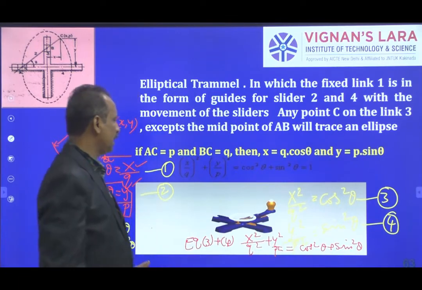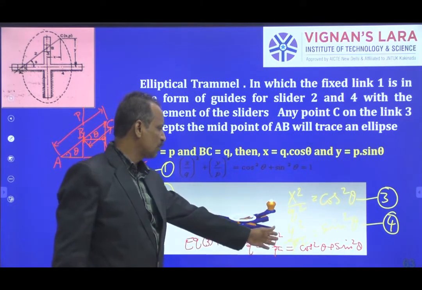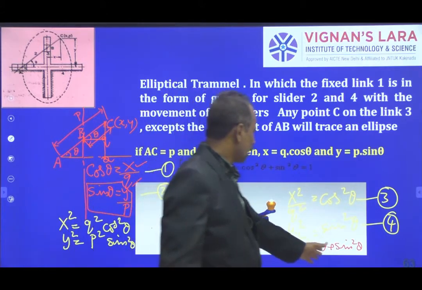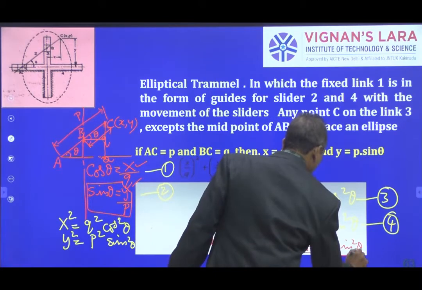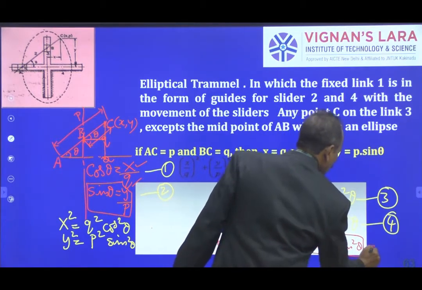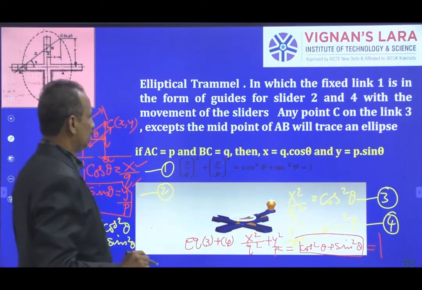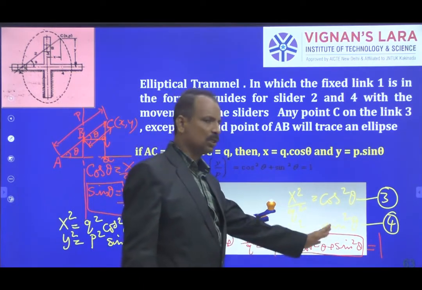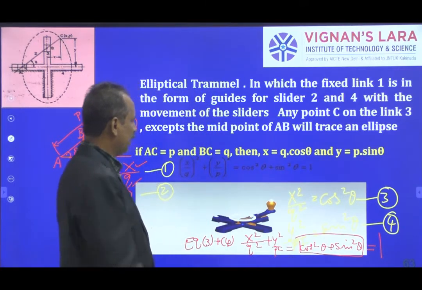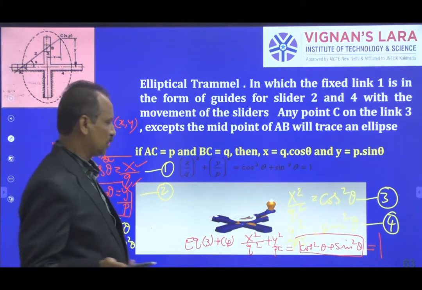So the left-hand sides I have added. We know that cos square theta plus sine square theta is equal to 1. So it gives x square by q square plus y square by p square is equal to 1. That means it is nothing but the equation of an ellipse.